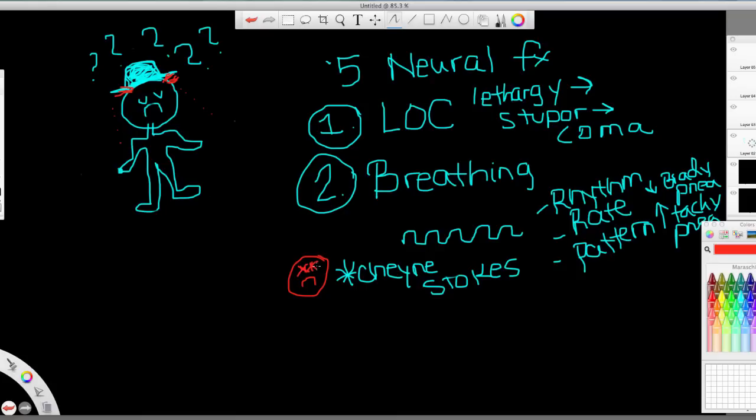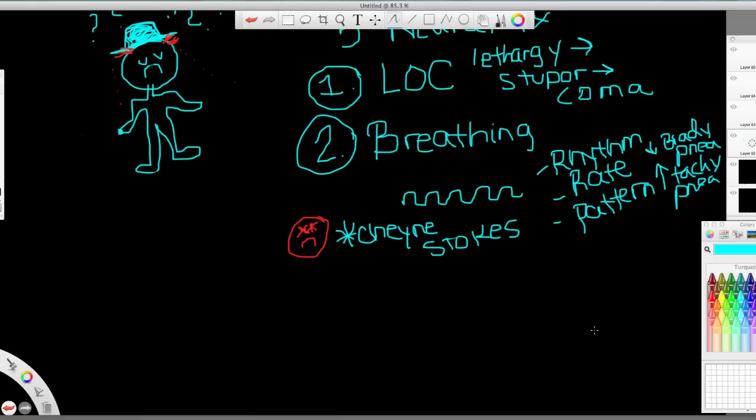Real bad. All right. The next thing we're going to look at after his level of consciousness and his breathing is what's going on with his brainstem, which may lead to some vomiting. Now, vomiting is a reflex that is associated with traumatic brain injuries, and here he is vomiting.